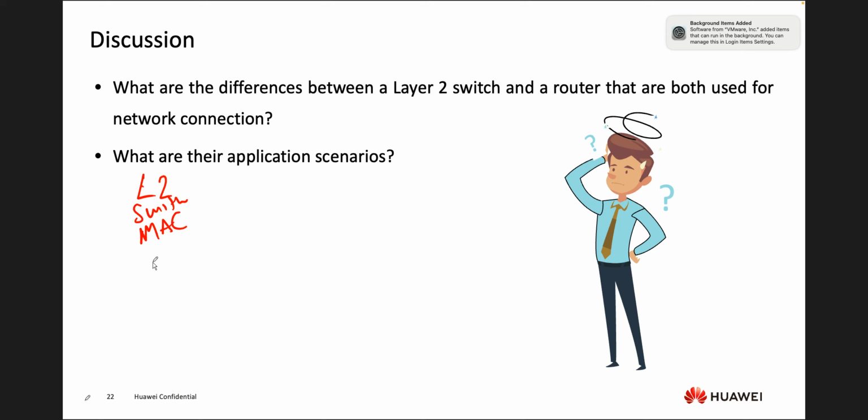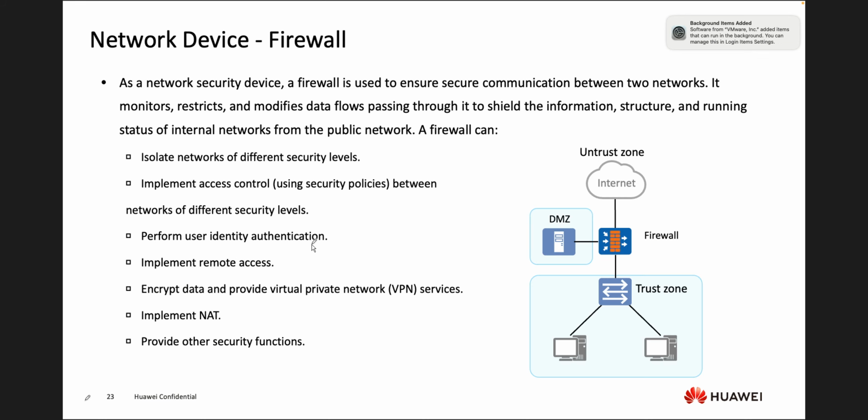The switch also does broadcasting and all that, but it works with the MAC. A router, which is layer 3, works only with IP addressing. That's the difference: the switch works on MAC addresses, and the router works with IP addresses.